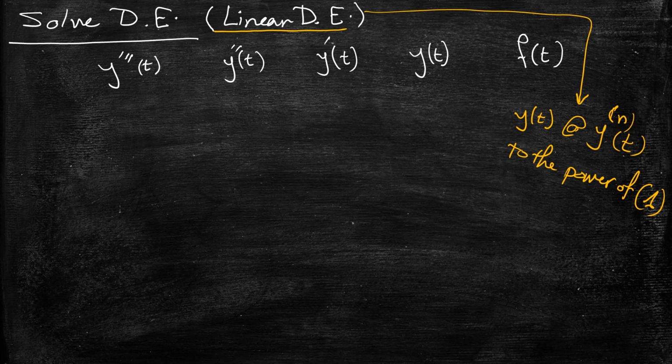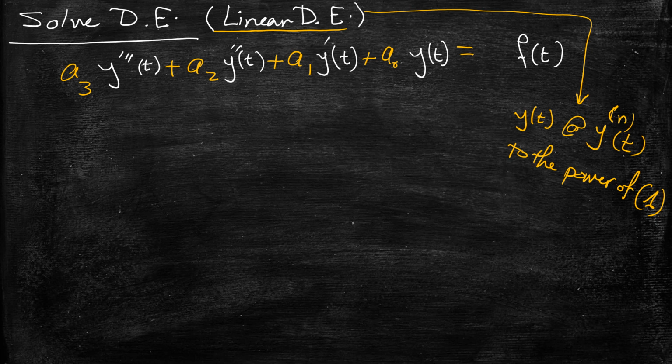So this y triple dash will have some coefficient, a3 for example, y double dash has coefficient a2, y dash has another coefficient a1, y has another coefficient a0, and it equals some function of t or a constant.